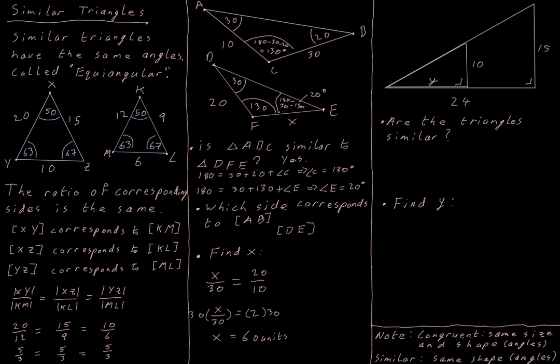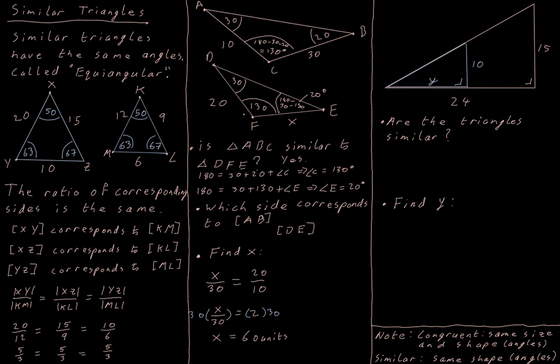So the ratio has to be the same, I have to read the top of the fraction as being from the same triangle each time. Otherwise I'd end up with it the wrong way up. So x and 20 are from the same triangle and they're on the top of both of those fractions.